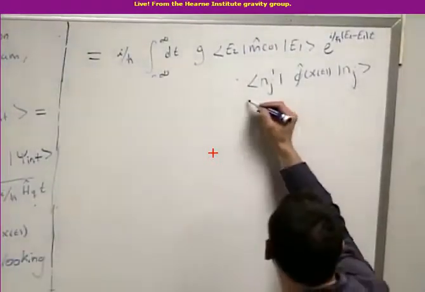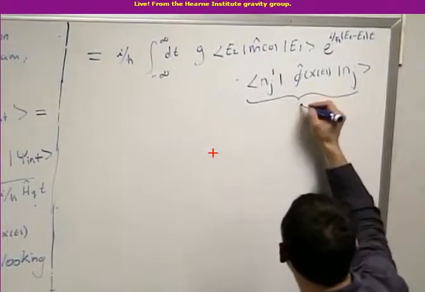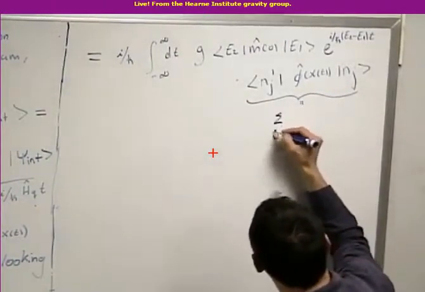You know how to compute this. The only thing you have to do is to write the field operator as a sum in modes.